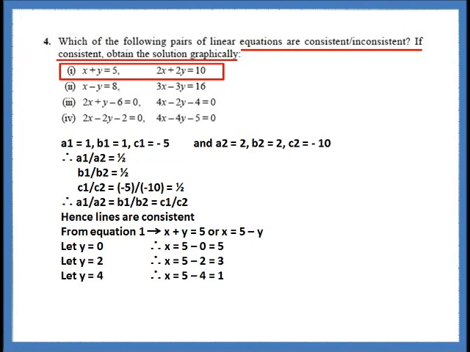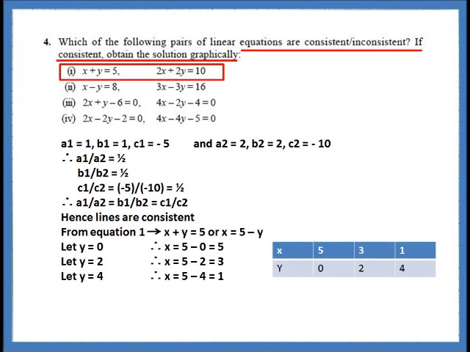Let y = 4, therefore x = 5 - 4 = 1. Arranging all the three sets of values in a table, we find that x = 5 for y = 0, x = 3 for y = 2 and x = 1 for y = 4.